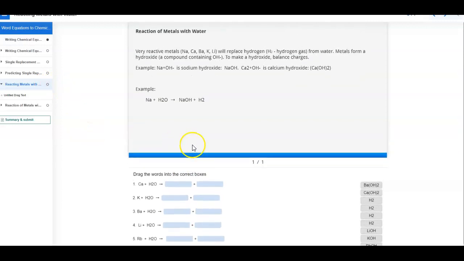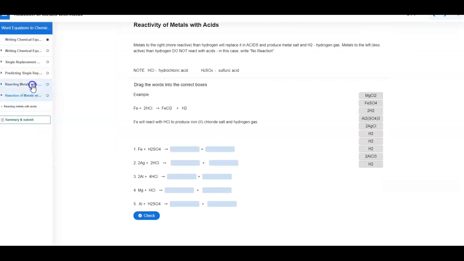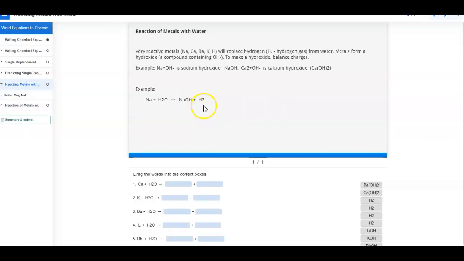Now let me quickly mention this also. Reaction of metals with water. When you react metals with water, just as we saw with metals with acid, metals with water always produce hydrogen in addition to the hydroxide of the metal. What that means is that here, for example, sodium reacts with water, so the hydroxide of this is sodium hydroxide, that is the metal plus the OH.